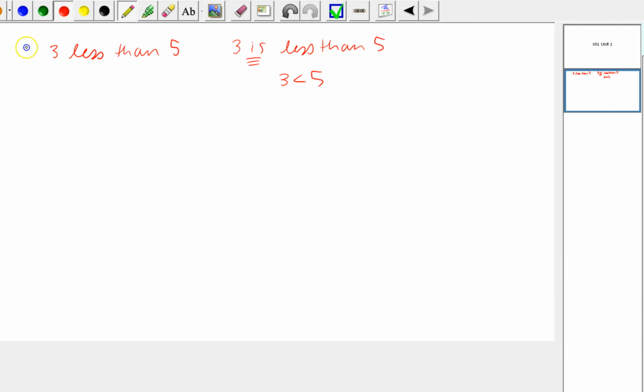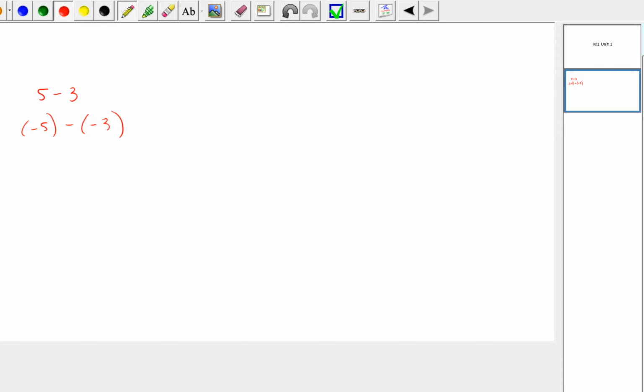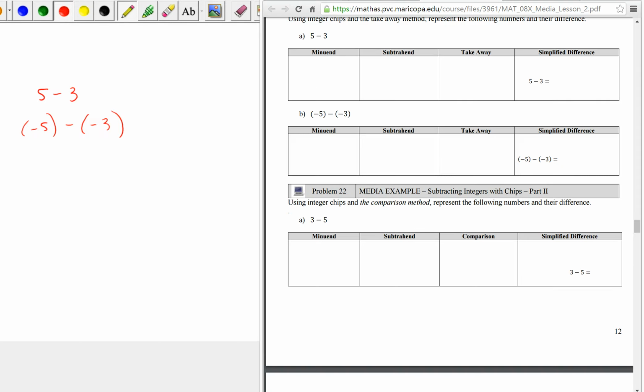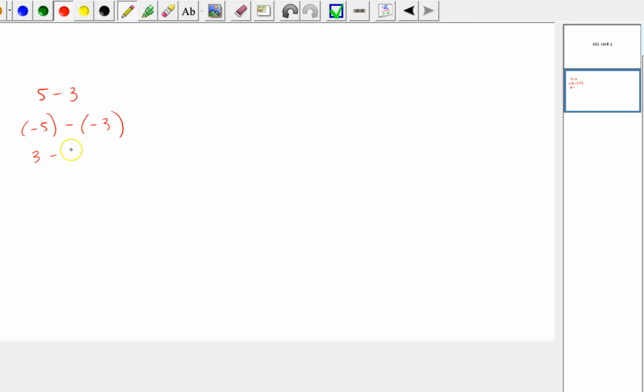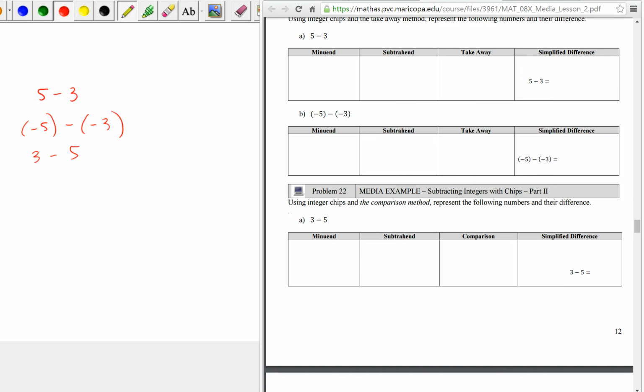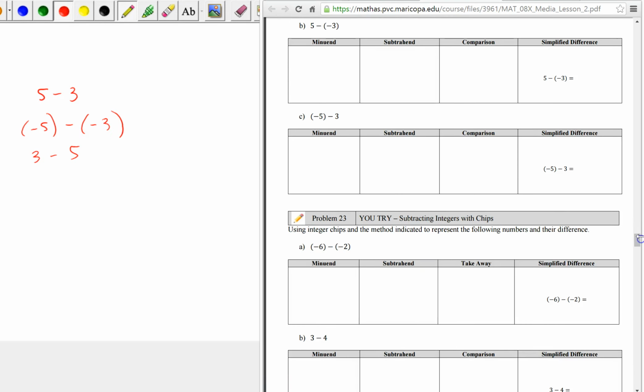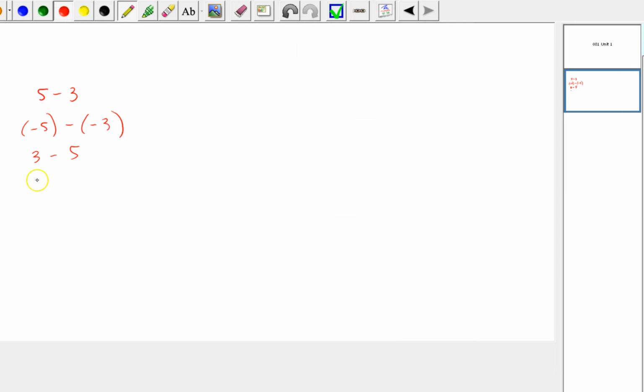So we have 5 minus 3, negative 5 minus negative 3, 3 minus 5, 5 minus negative 3, and negative 5 minus 3.